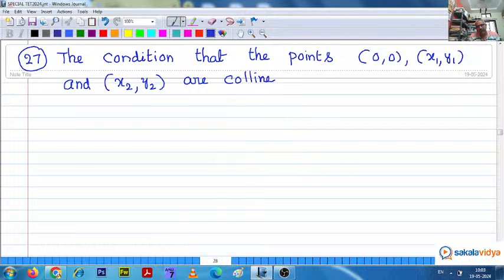Collinear means they lie on the same line. The condition that the points 0, 0, x1, y1 and x2, y2 are collinear.